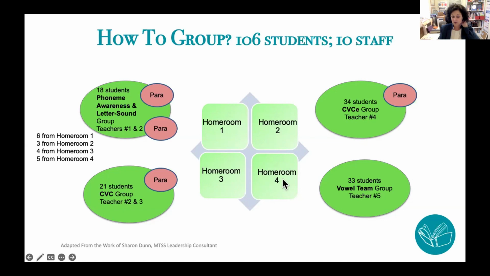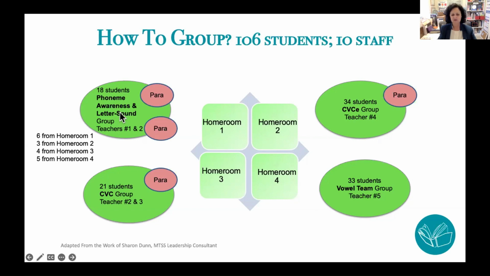5 from homeroom 4. So during this time of tier 1 instruction, the students moved to join this teacher. It was actually 2 teachers and 2 paraprofessionals for instruction. They were broken down into 4 groups, instruction targeted at their instructional needs.